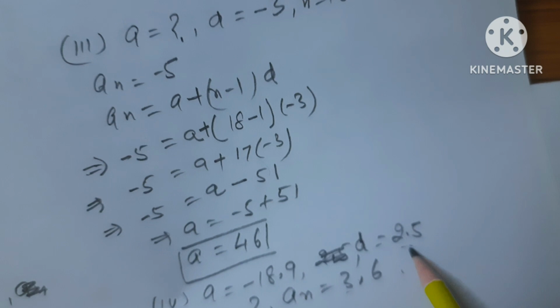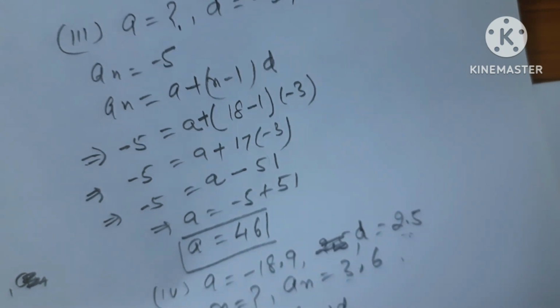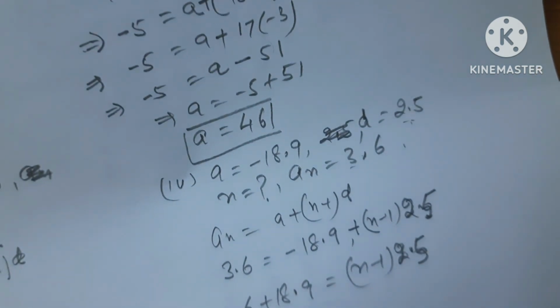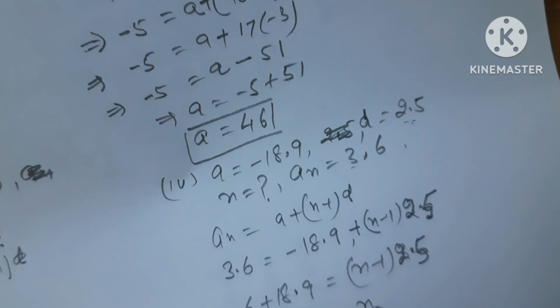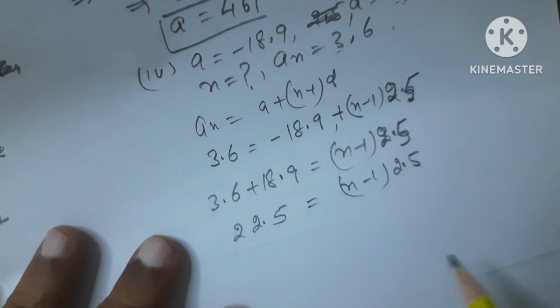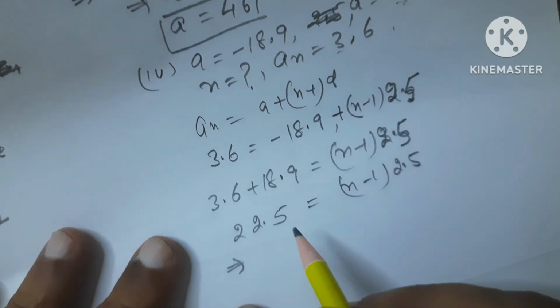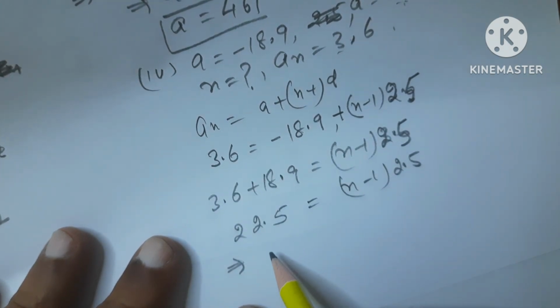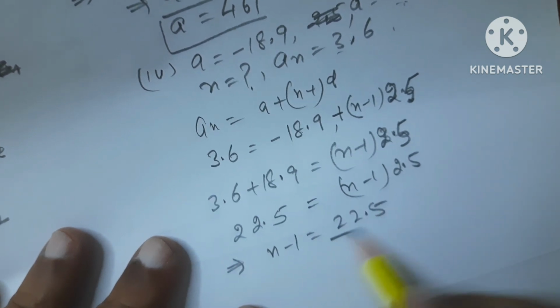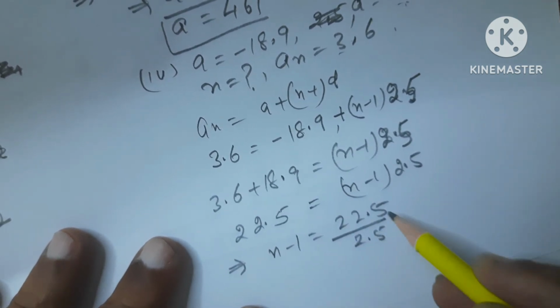D is equal to 2.5. So I'll put 2.5 over here. So this becomes n minus 1 into 2.5. That means n minus 1 is equal to 22.5 divided by 2.5.